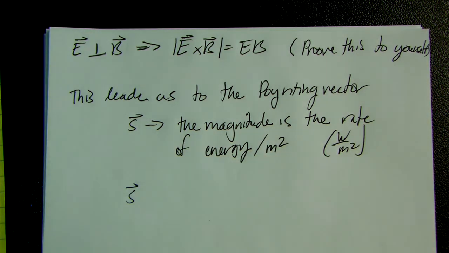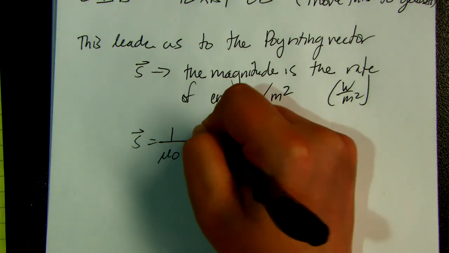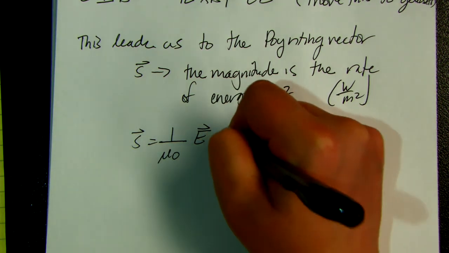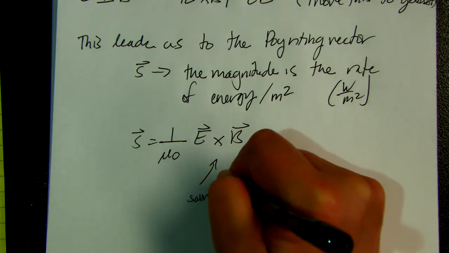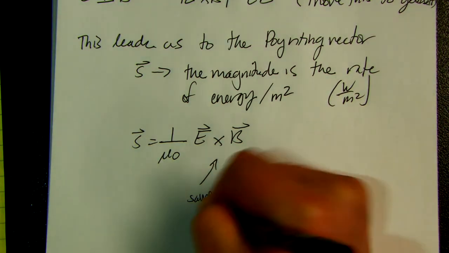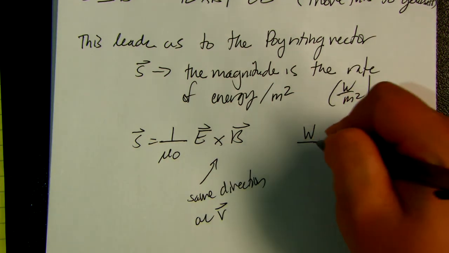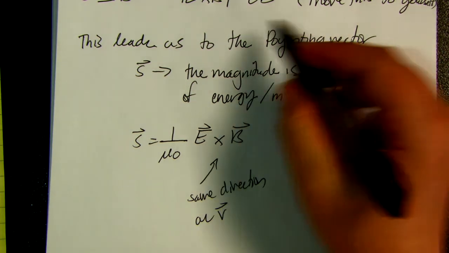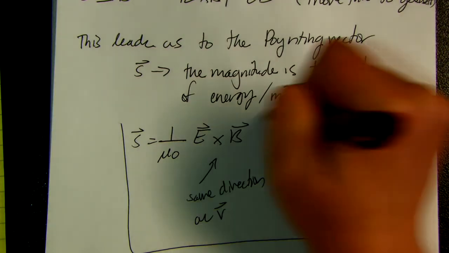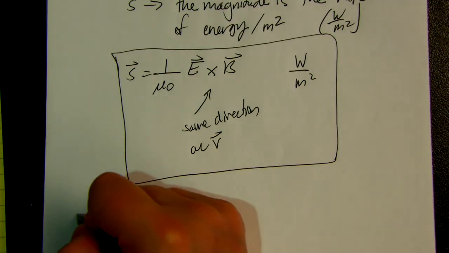The Poynting vector is equal to 1 over mu naught E cross B. Remember, this is the same direction as the direction of propagation. And it will have units of watts per meter squared. There you go. All right, let's do an example.